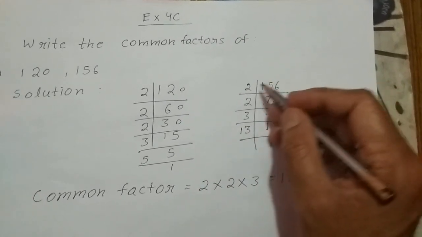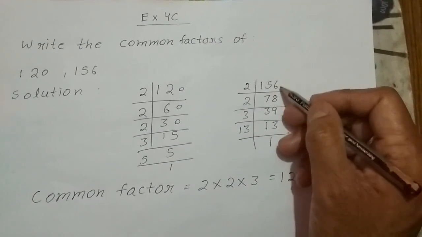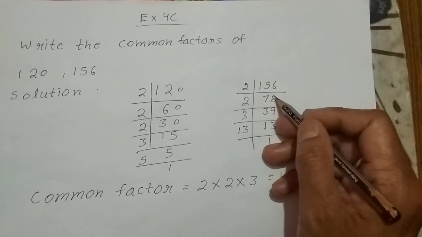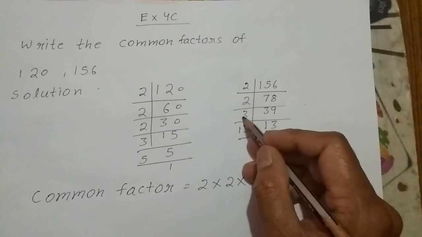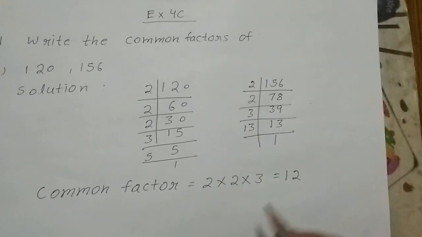Now 156: divided by 2 is 78, then 39, then 13 divided by 3 is 13, then 13 divided by 13 is 1.